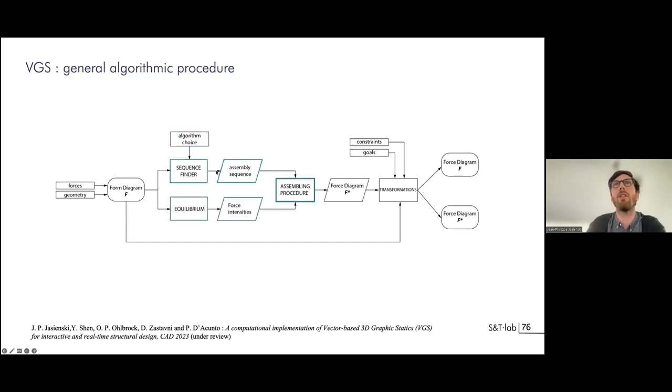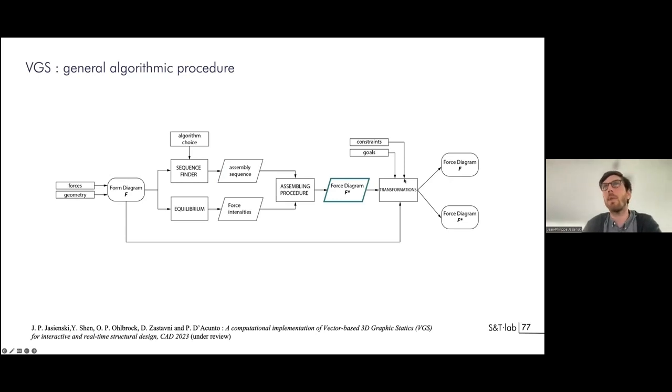And so with these 2 pieces of information together, the assembly sequence and the force intensities, you can use the assembling procedure, which travels all the nodes to assemble them one by one and make sure that it all connects to have one full force diagram. When you have your force diagram that corresponds to your form diagram, you can then transform it.